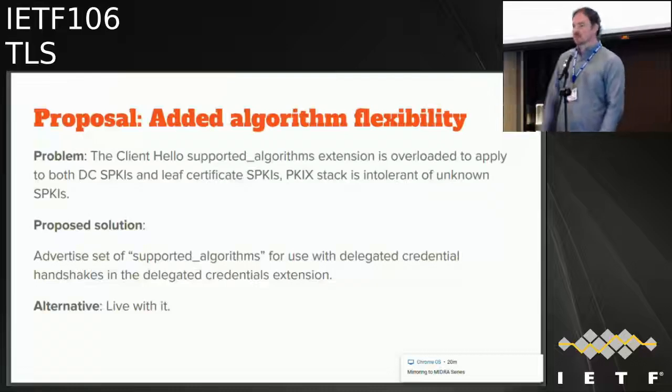This prevents you from having to deal with RSA-based delegated credentials if you don't want to. So your proposal is to put a field in the DC extension that lists the algorithms I support? That's right, just a list. I can live with that, but I can also live with not having it.